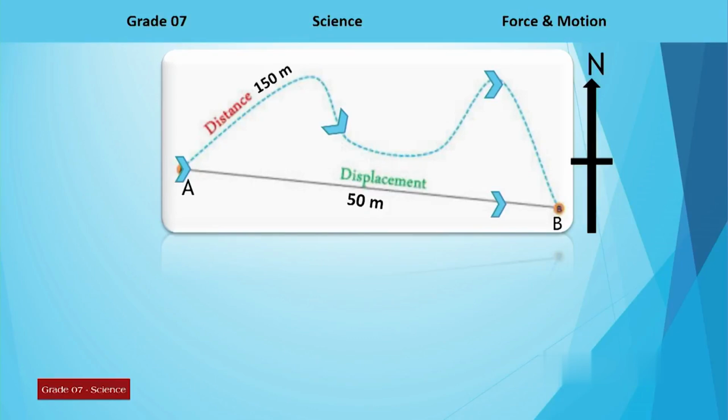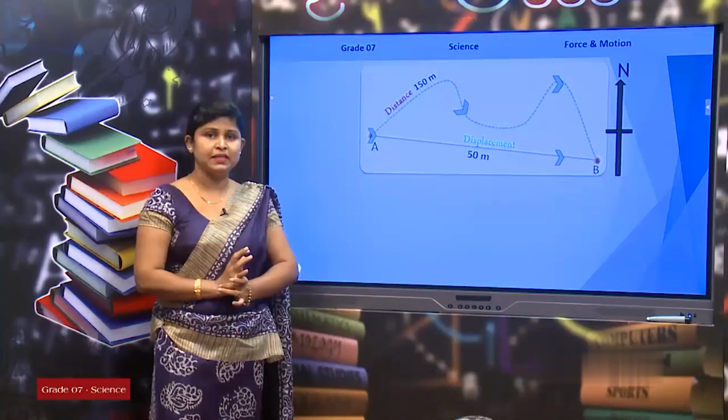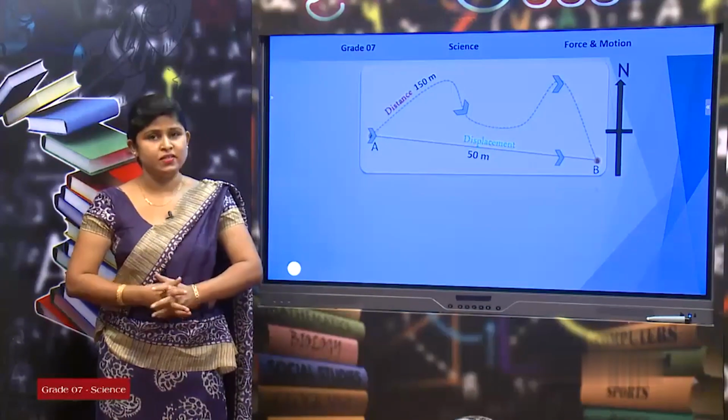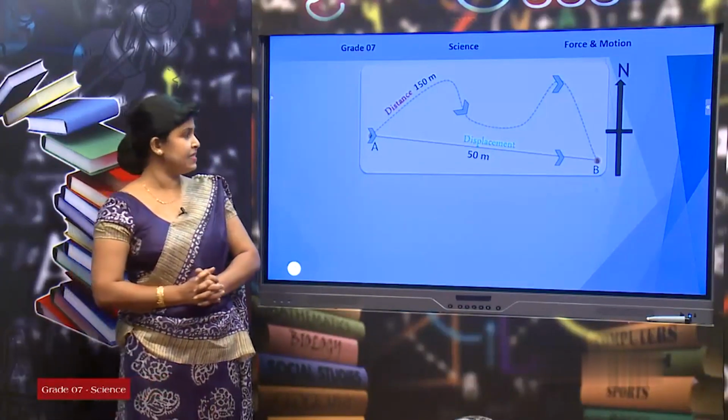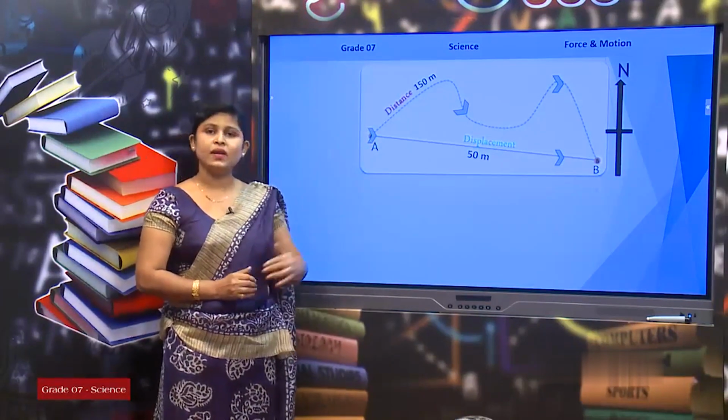Within these 2 points, this is the distance covered by the object, that is shown by the blue color dotted line. The distance is shown by the dotted line shown in blue color, right? The distance is 150 meters. That means the length of the path covered by the object is 150 meters. But when we think about the initial and final positions of the object, that is 50 meters. Right? Then you can understand that the distance is 150 meters.